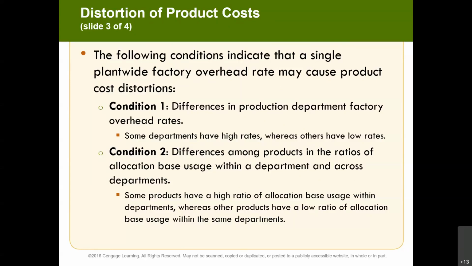What this says is that some departments have a higher ratio than others. And this, of course, would also cause distortion. So that's why in this case, using the department level for allocation of factory overhead would be much better than using a single plant-wide method.